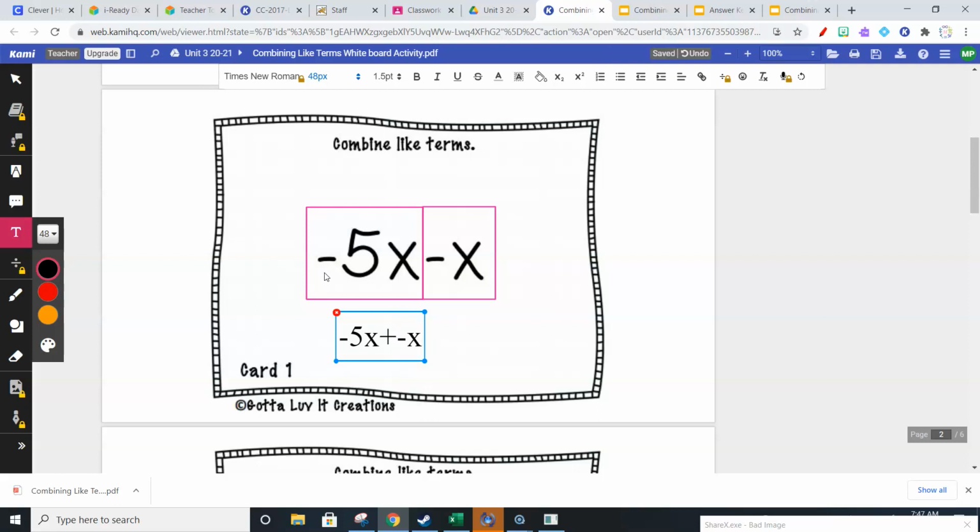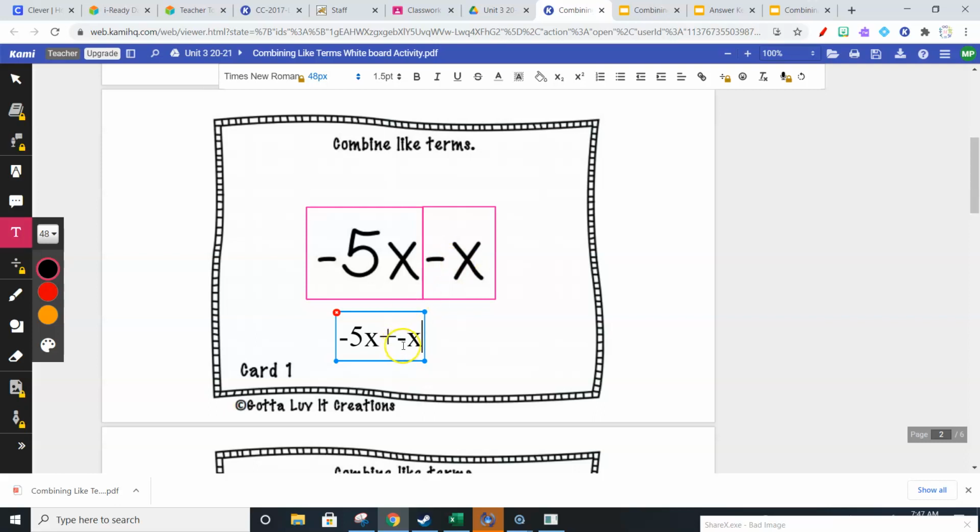And I said, instead of making you write it as an addition problem every single time, let's look at this. This was saying take away x, and this is saying the same thing. This says take away x, negative x says take it away. So really, these are the same things.